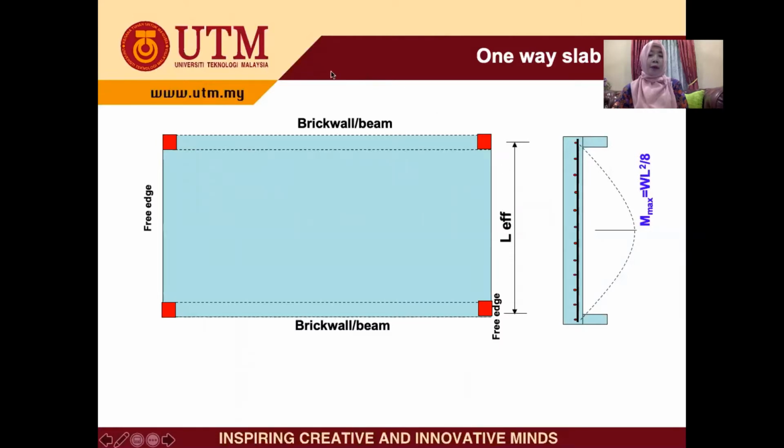Therefore, we need to design 1 meter width here, and then we find the Gk, Qk, and then get the maximum moment at the mid span. Similar to the previous one, except that this time the shorter length becomes the span of the slab.